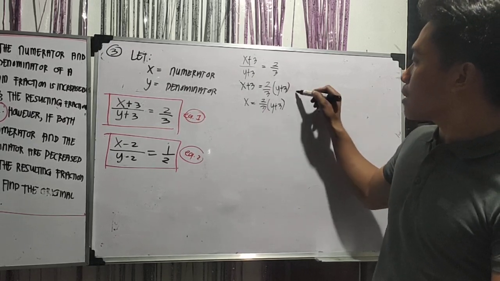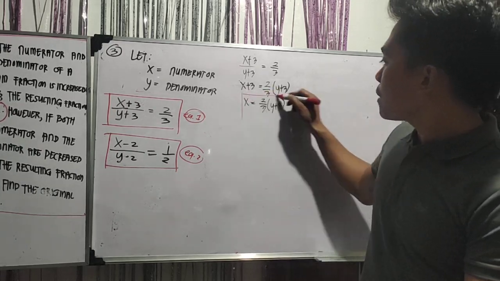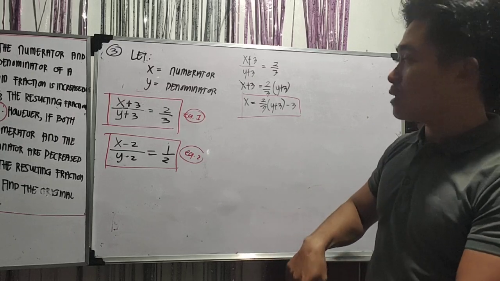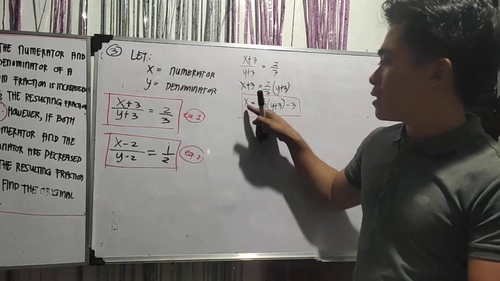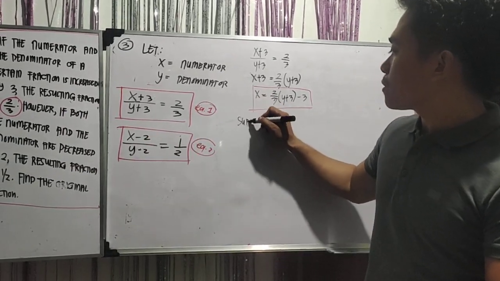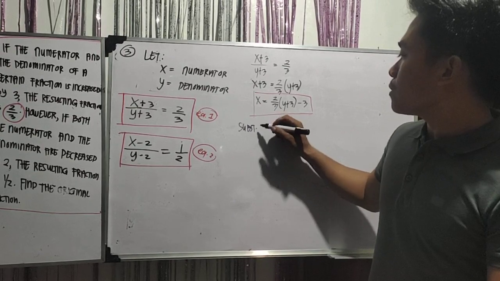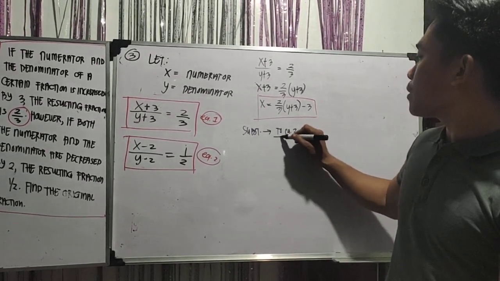Yung 3 ko, transpose ko kabila, magiging negative. Now, eto ngayon siya, yung value na x. Yung value na x na yan, which came from equation 1, substitute ko ngayon dito, to equation number 2.